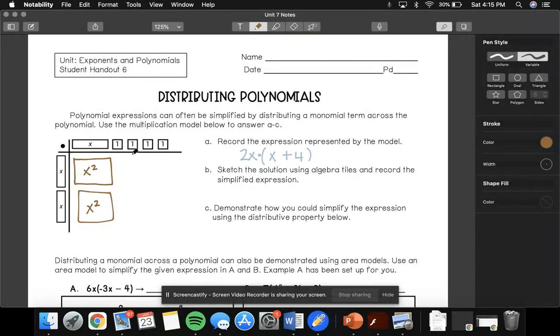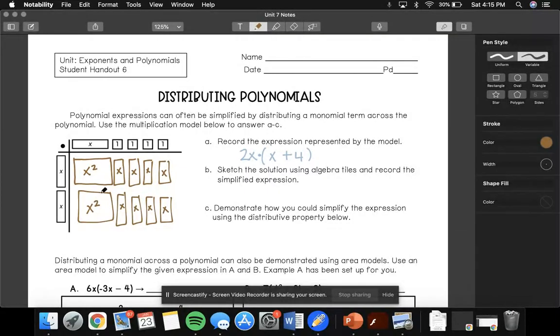Now we have x times 1, so that would create an x, another x, another x, and another x. Then we're going to do x times 1 again. So we have created our solution, and now we're going to record that.